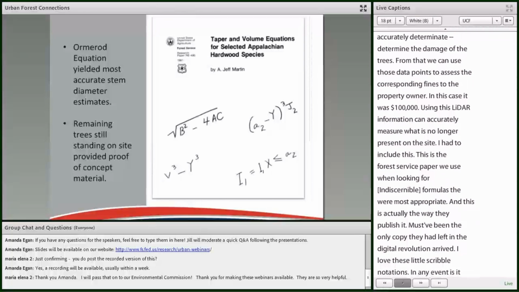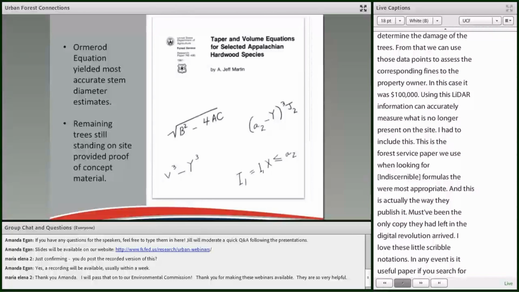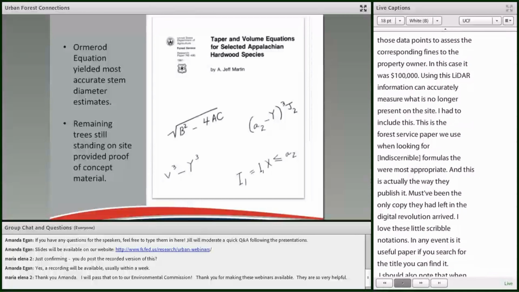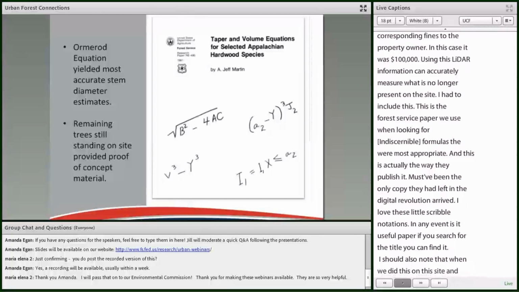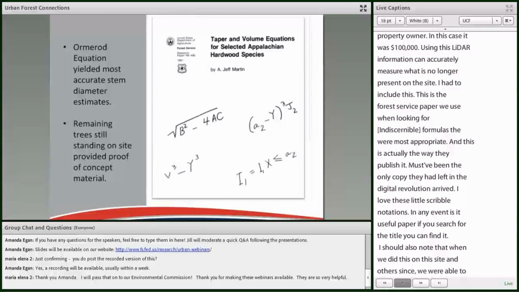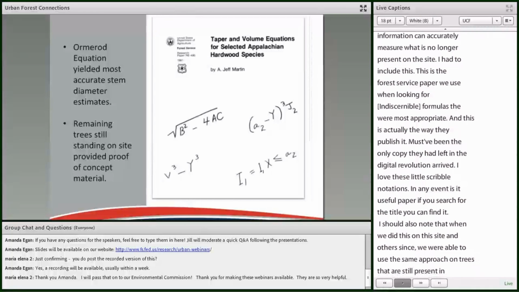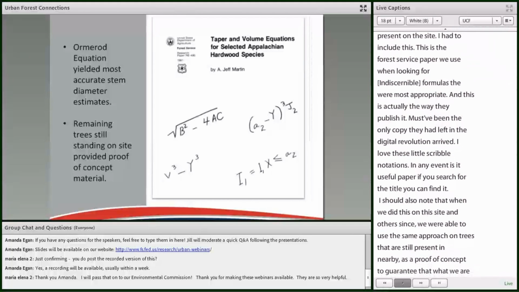It lays out a bunch of different methods for trunk taper formula. And I should also note that when we did this on this site and others since, we were able to use the same approach on trees that are still present nearby as a proof of concept to guarantee that the approach we're using is accurately measuring what was present.